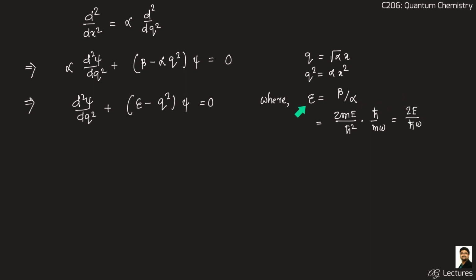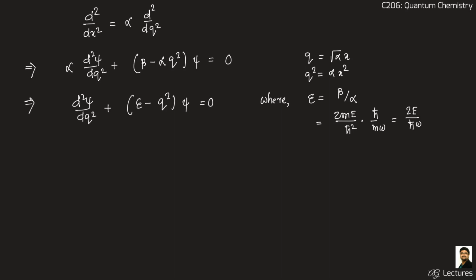So this epsilon is just a number, and not a very large number, because h cross omega is the energy corresponding to the frequency omega of the oscillator, and E is the total energy of the oscillator. So they are matching quantities. We'll be using the fact that epsilon is a small number later in the discussion.